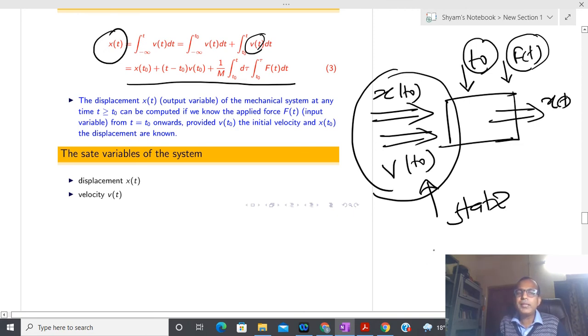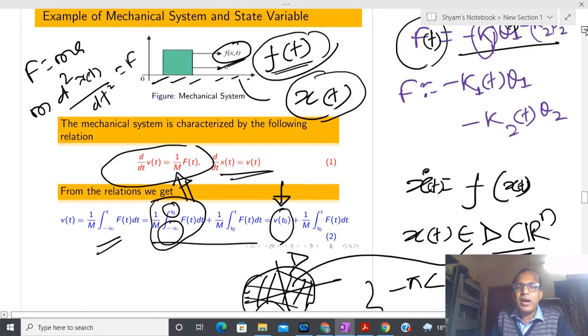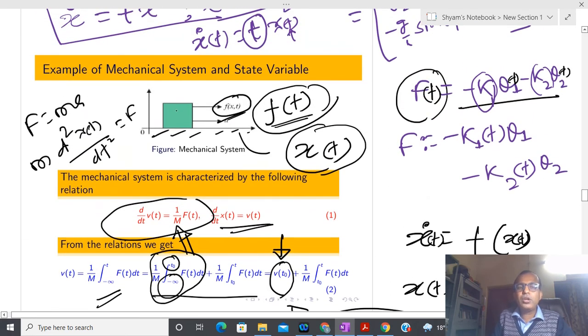Now I hope you are able to understand the interpretation of a state variable. A state variable is nothing but some kind of minimal information. Minimal information means that for this system I just require two pieces of information to predict the whole future, if I know the mathematical model of this system. Anyone has confusion on this interpretation? Then please let me know.